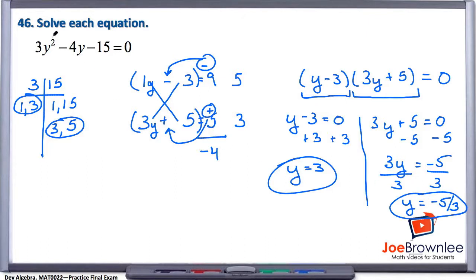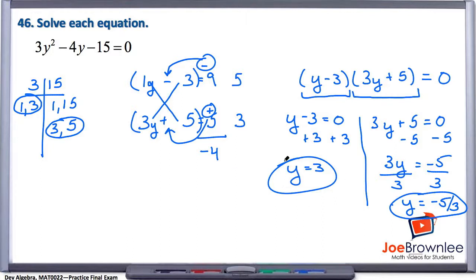And again, we talked about at the beginning, because this is a quadratic, we should have 2 solutions. Now, we're claiming that y equals 3 and y equals negative 5/3 are the solutions. How can we verify? Well, if we were to take these solutions, plug them into the original equation that we started with, we should get a true statement.